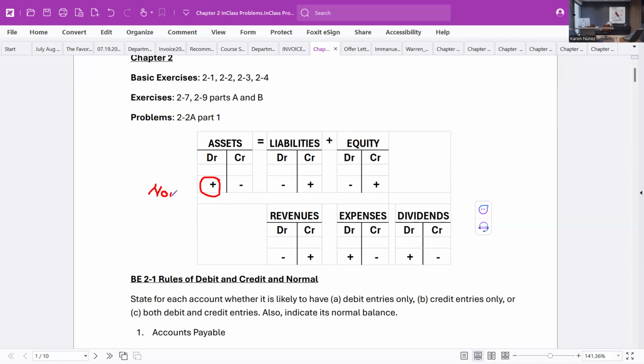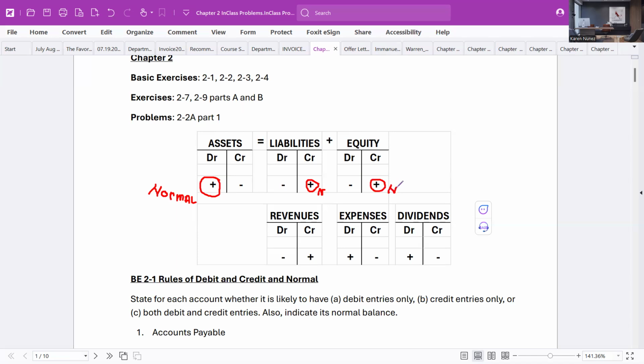So debits increase assets, and that is the normal balance of all assets. And all liabilities are increased with credits, and that's the normal balance, right? And all equity accounts are increased with credits, and that's the normal balance.